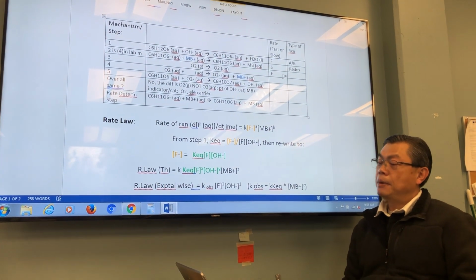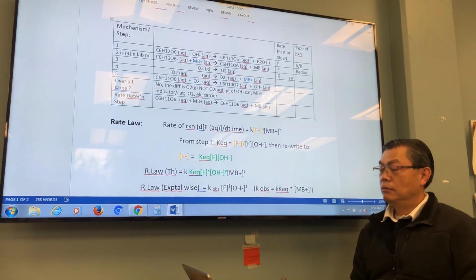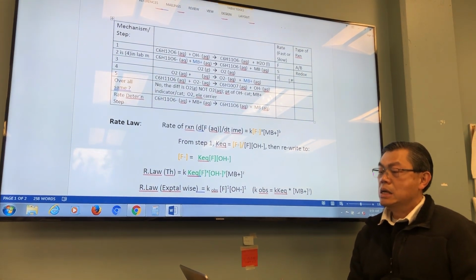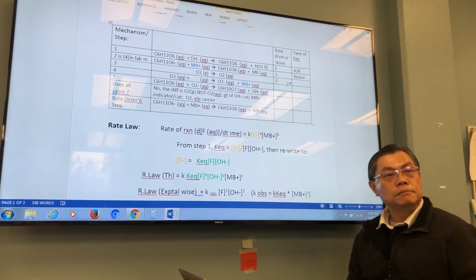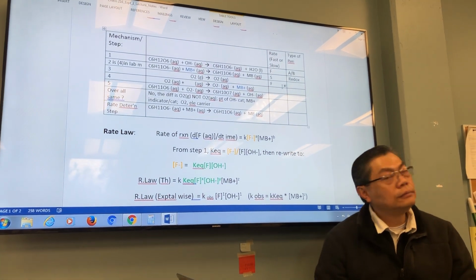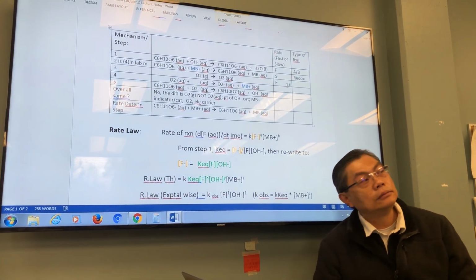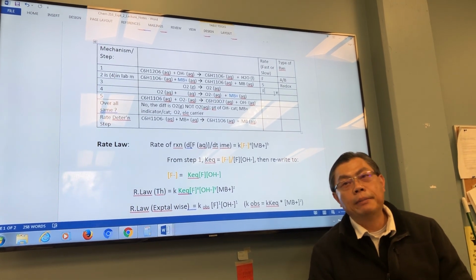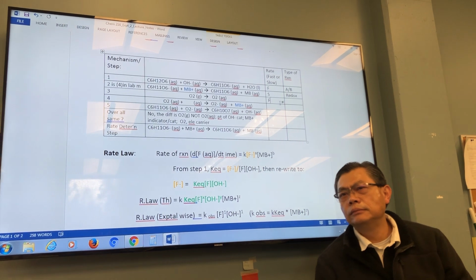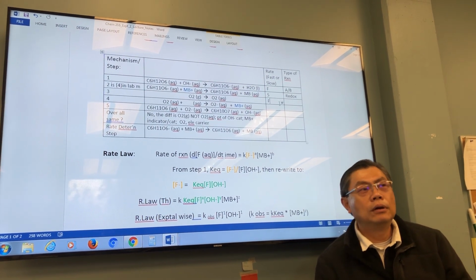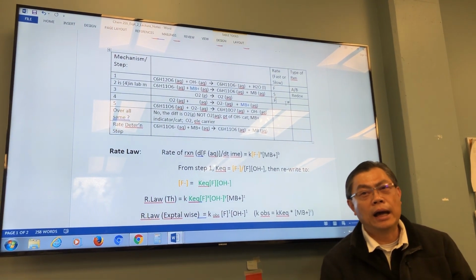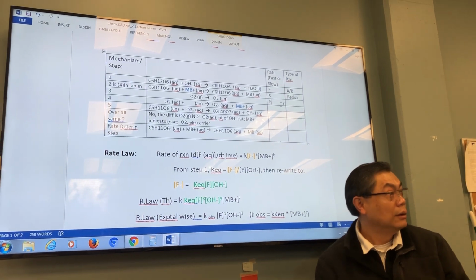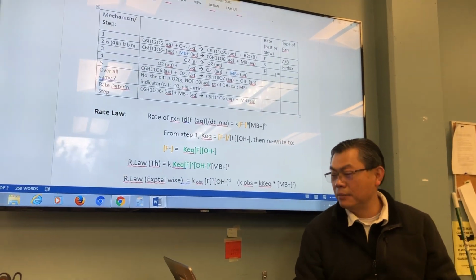So this step better be fast, I say. Otherwise what? If this is taking too long, what happened? All the fish in the ocean would die. Better be fast.